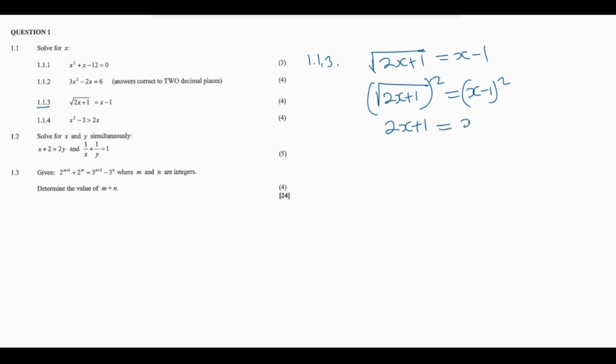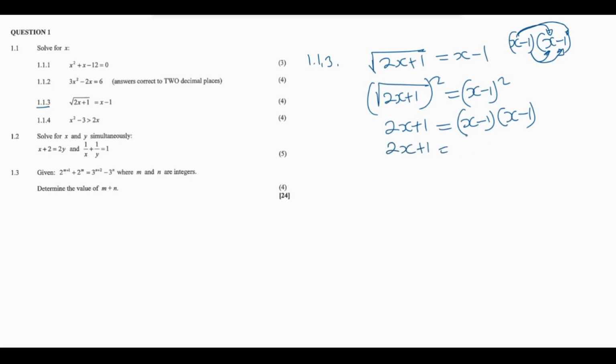X minus 1 squared is like x minus 1 times x minus 1. Right, you can use the FOIL method, the longer way. X minus 1, x minus 1. Then x times x, x times negative 1, negative 1 times x, negative 1 times negative 1. But there's a faster way of doing this.